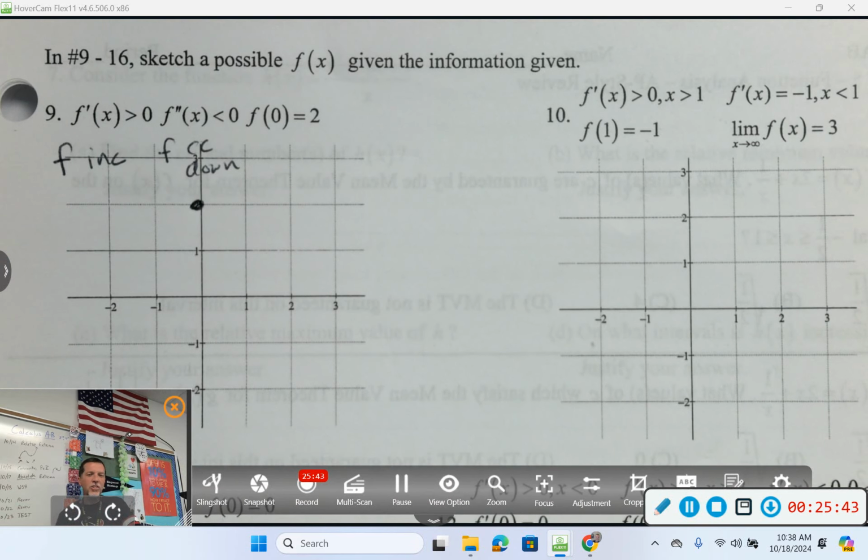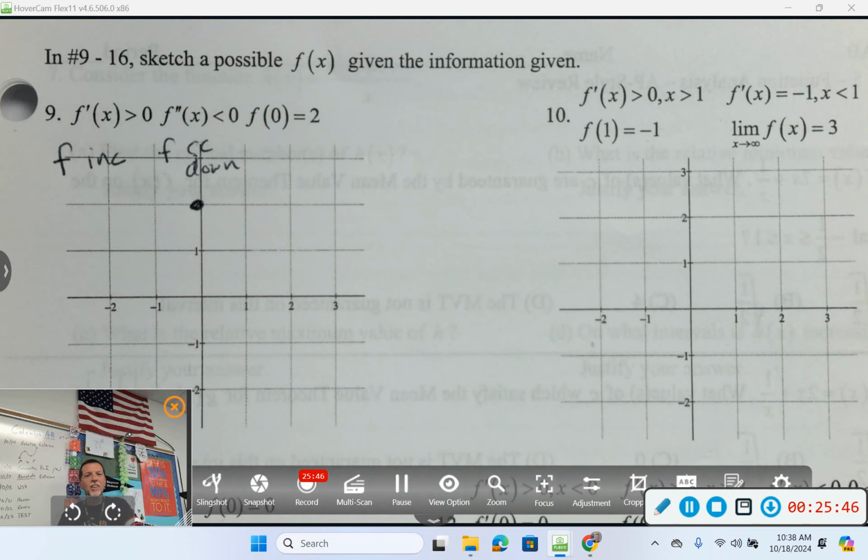So I need to sketch a graph that is, and it didn't put any restrictions on that, always increasing and always concave down. So increasing, but concave down. So increasing, but sort of bent down, curved down like that.